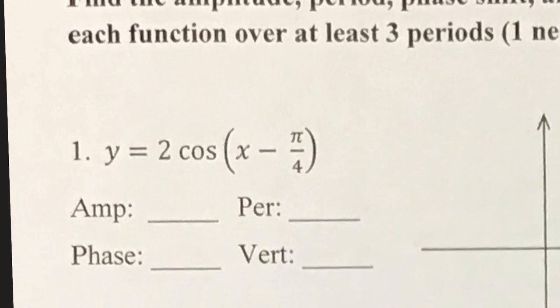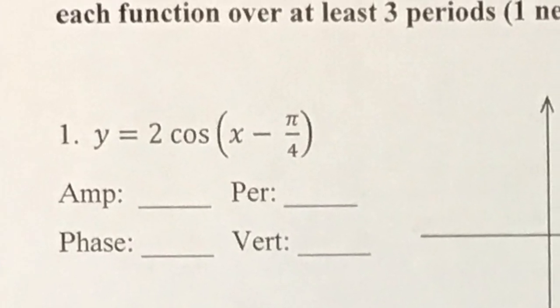So let's identify the attributes of this function. Okay, the amplitude comes from the number in front of your trig word, so this has an amplitude of 2. Meaning your graph is 2 units above and 2 units below your midline, or your horizontal center. Okay, the period is a calculation.